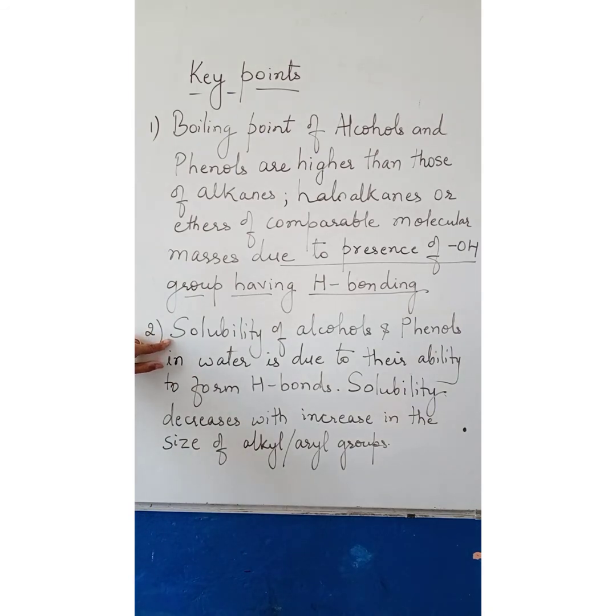Next key point is alcohols and phenols are soluble in water due to their ability to form hydrogen bonds, and this solubility decreases with the increase in the size of alkyl or aryl groups.